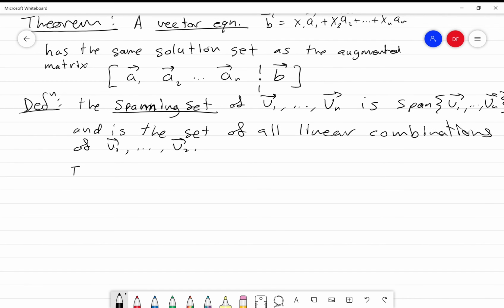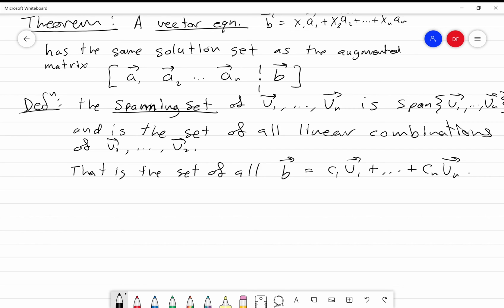That is the same as the set of all vectors b which can be written as c1 v1 plus dot dot dot plus cn vn. Okay?